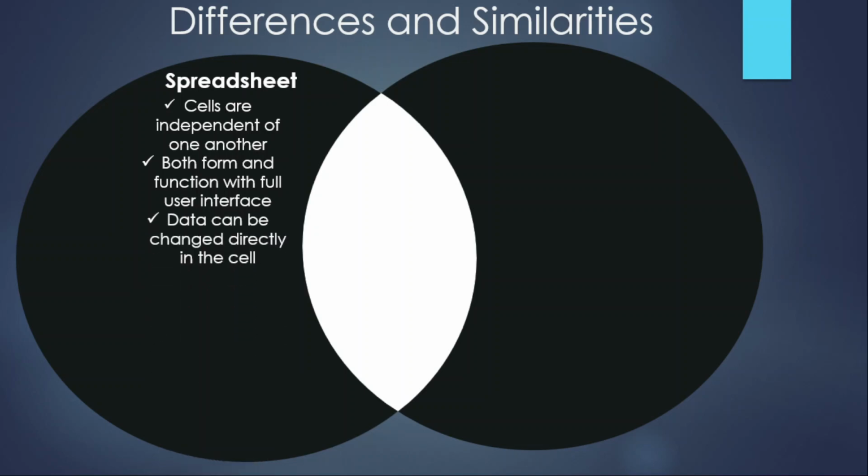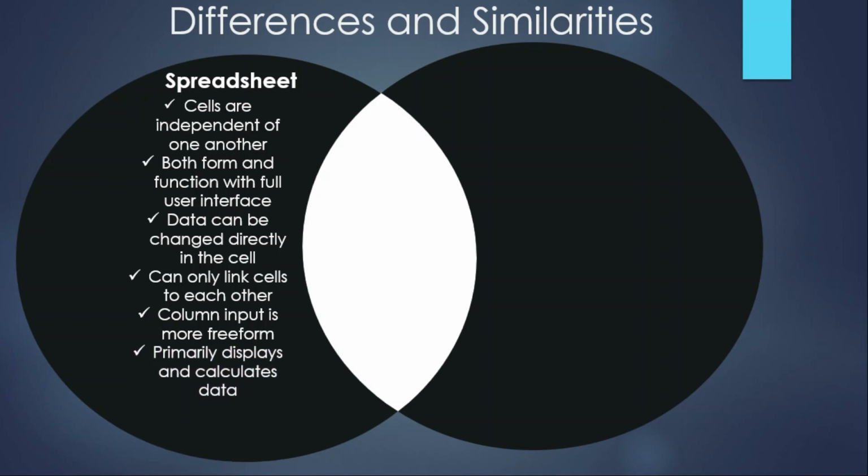The data can be changed directly in a cell. You have full access to the user interface, meaning you can work on the data directly in each cell. You can link cells to each other. You can import columns more freely. You can put different types of data in each column.